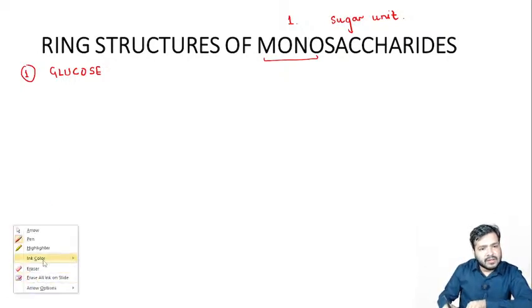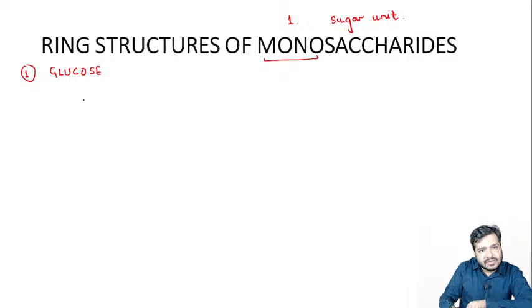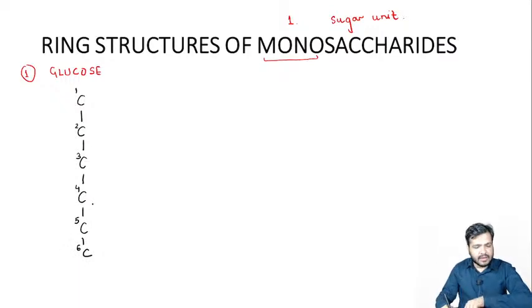Remember, first we will draw 6 carbons. As already told, glucose is a molecule consisting of 6 carbons, and we will name these carbons 1, 2, 3, 4, 5 and 6. Gayatri, good evening, welcome to the session.